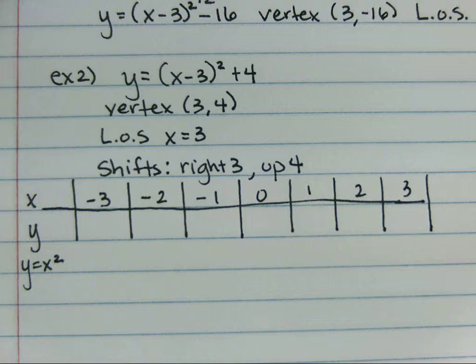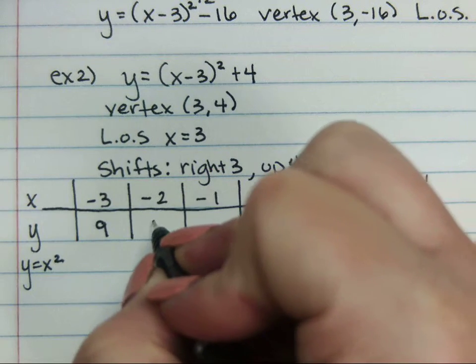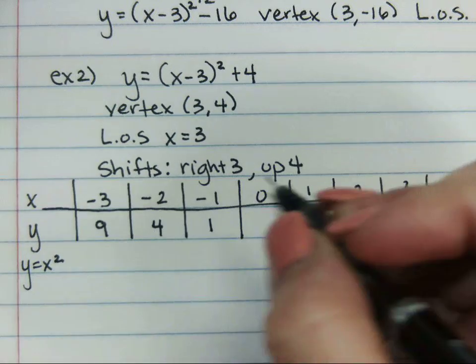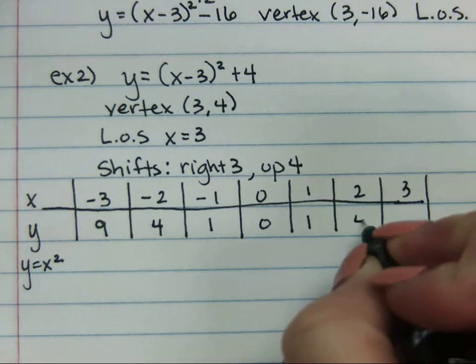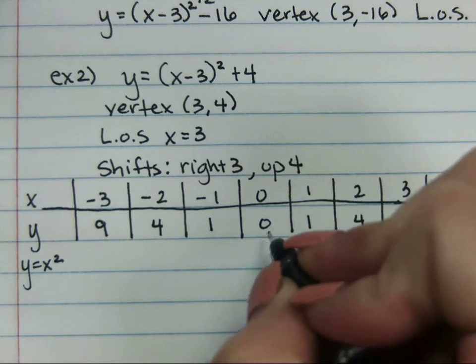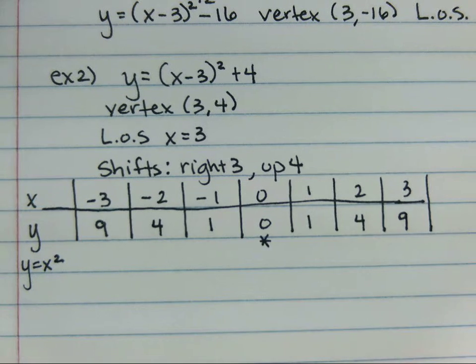And if I square all of my integer values, I'm going to get positive values when I substitute these x values in and square them. And this one right here is your vertex. You can see it's the point that as you start moving outwardly from it, I have a balance.